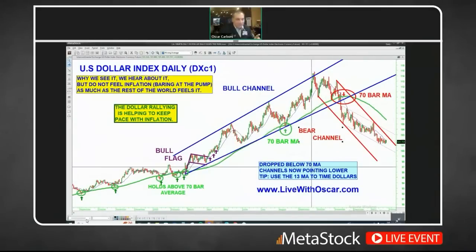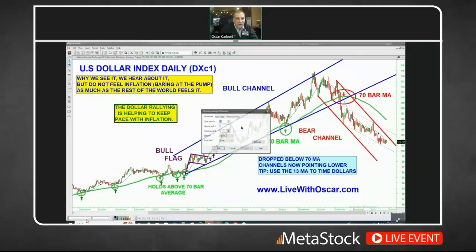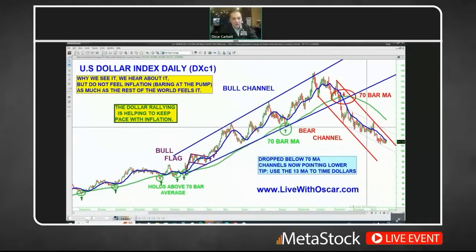And the algorithm switched. Here's your tip on dollars. Use the 13 bar moving average to time dollars. Why would I know that? Well, take a look at the 13 bar moving average. Look at how well it works on dollars. So currencies have switched to very small averages. All right, because they're moving quickly. That's why. That makes sense, to be honest.